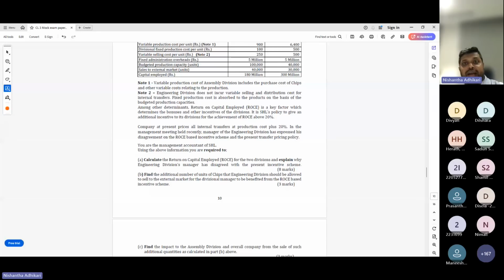That means out of 180, in order to get the benefit, he needs to get 20% ROCE. Then in order to make 20%, what is the additional number of units to be sold externally without selling internally? Okay, we will work it out.